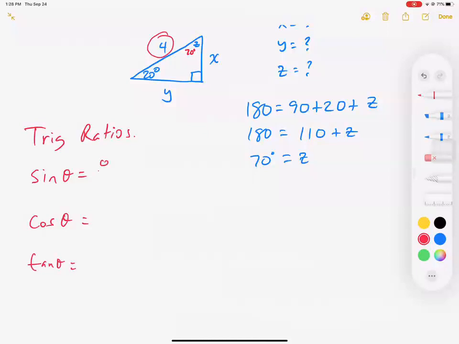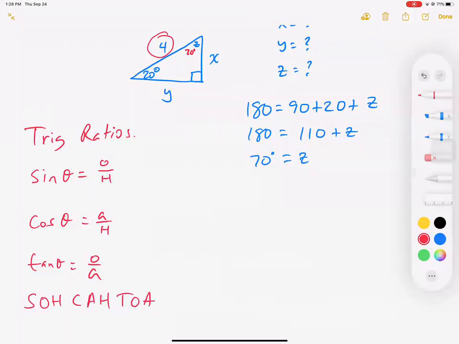Now again, sine, cosine, tangent are ratios. That means they're fractions. And they're relating the sides together. So sine is opposite over hypotenuse, cosine is adjacent over hypotenuse, and tangent is opposite over adjacent. And if you have problems remembering that, remember there's SOHCAHTOA, or SOHCAHTOA, some people would say, depending on what part of the country you're in.